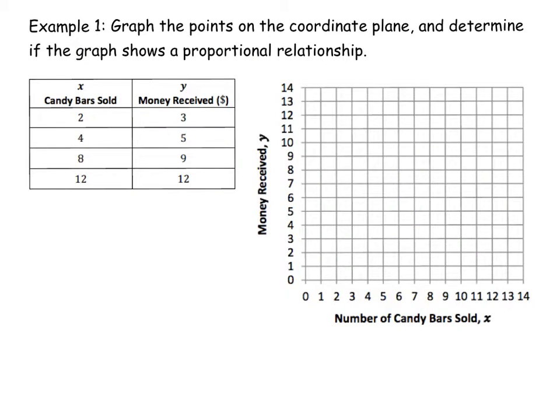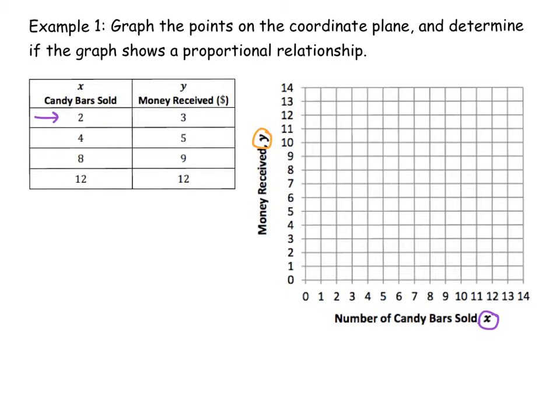So what example 1 is asking us to do is to graph the points on our grid and determine if this graph is proportional or not. So they helped us out. They told us x is on the bottom, which we have to remember, and y goes along the side. So we were going to look at this first one.